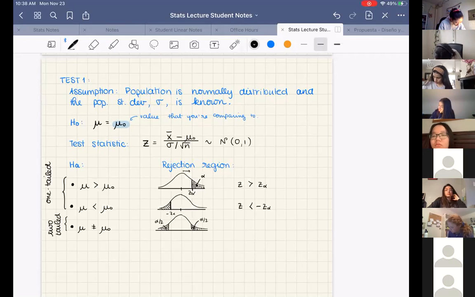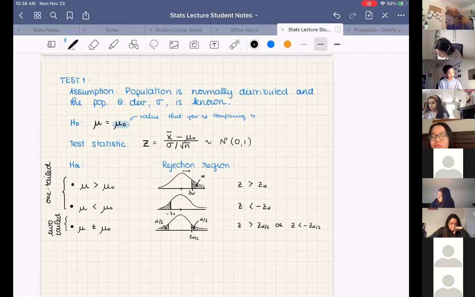That means that I will reject my null hypothesis if Z is larger than Z alpha over 2, or Z is smaller than negative Z alpha over 2, which is the same as to say that I will reject the null hypothesis if Z in absolute value is larger than Z alpha over 2.